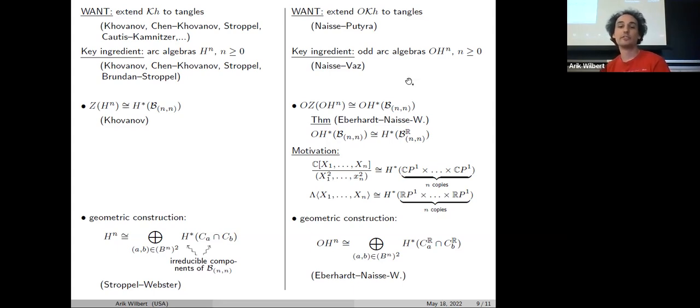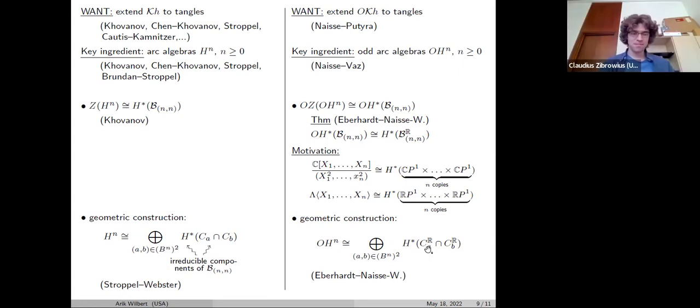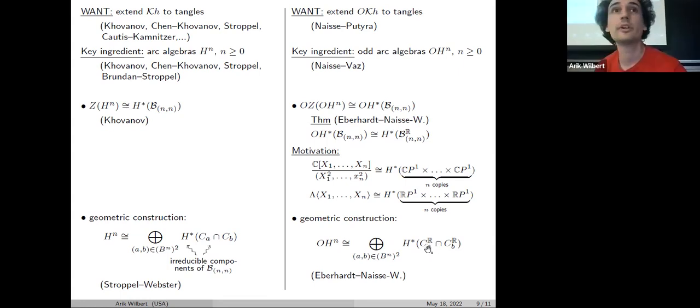Okay, so it's the same construction, but again, just passed to real points. Now I want to look at what these varieties look like a little bit. Are there any questions right now?